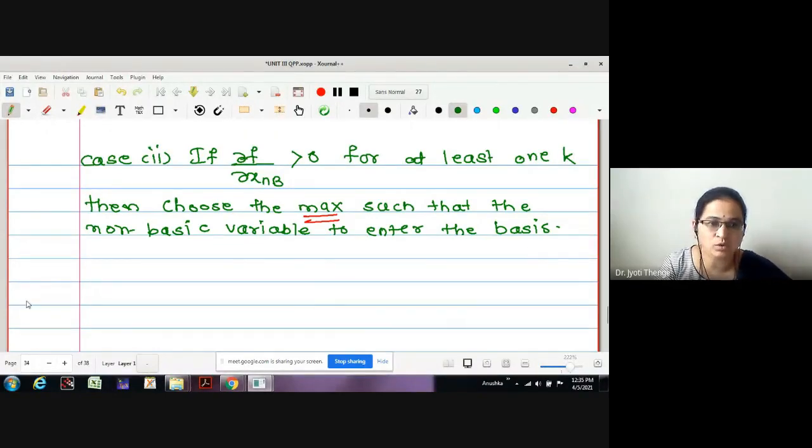And then how to select the value of that variable now?